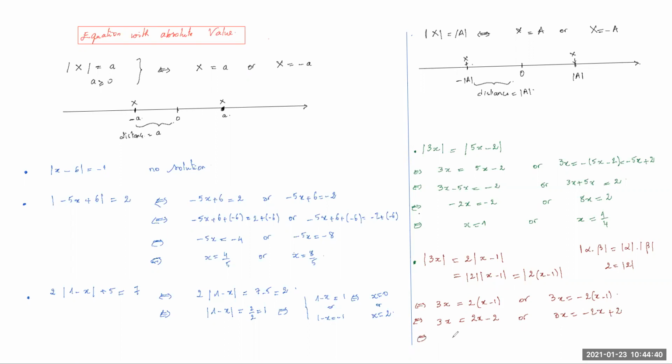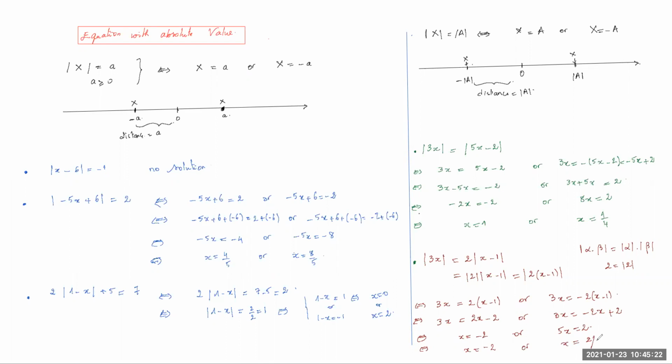Sorry, I made a mistake here. Here we have 3x minus 2x, which is x, and here you have 5x. So x equal minus 2, or 5x equal 2.